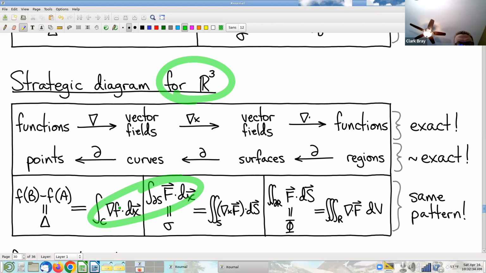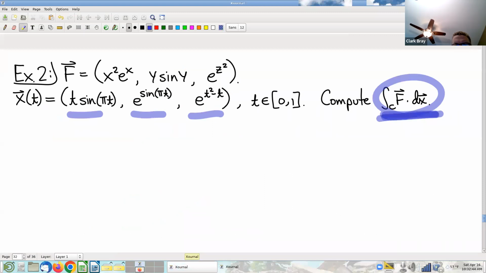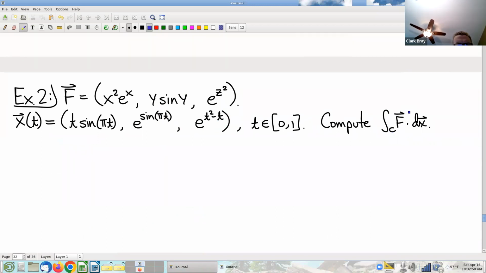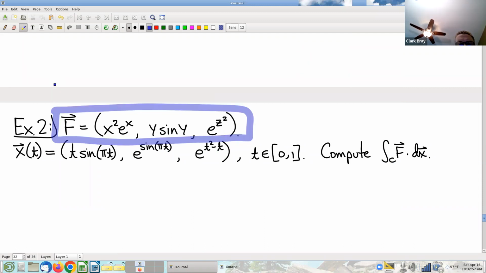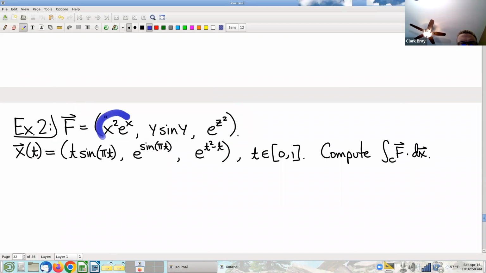That means that in order to decide if there's an anti-gradient, I should take my vector field that I'm given and compute the curl of it and see what I get. I'm about to compute the curl of this vector field, though super fast, because there's an easy observation to make: there's only x's in here, only y's in there, and only z's in there.